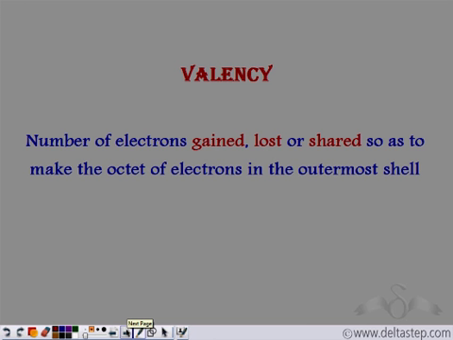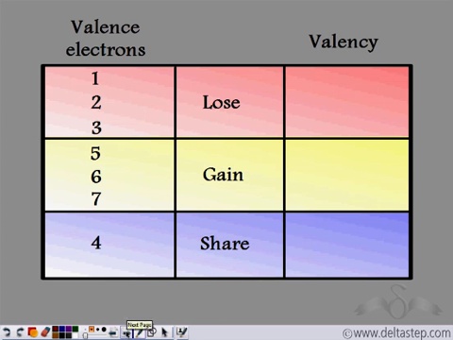So the term valency is defined as the number of electrons gained, lost or shared, so as to make the octet of electrons in the outermost shell. So let's see the valency for a few atoms which have these number of valence electrons. Whenever any atom has 1 valence electron, we know it can easily lose 1 electron.